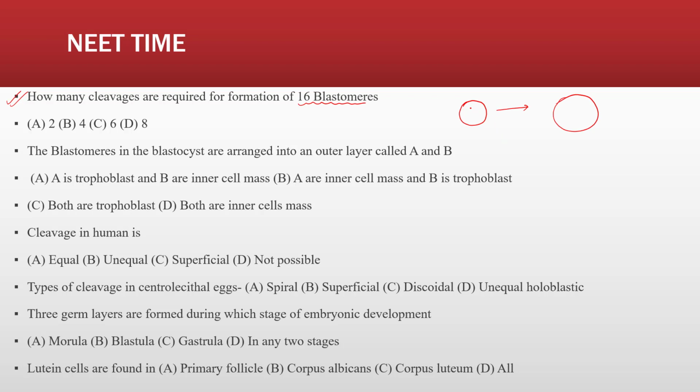When the first cleavage happens, the zygote will be divided into two parts, part A and part B. The second cleavage happens like this, so now we have four parts. This is the first cleavage, this is the second cleavage. Now the third cleavage.